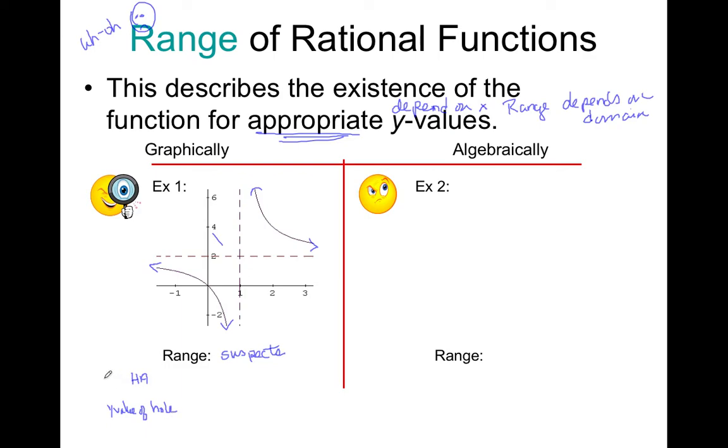Those are your suspects. Suspect 1, suspect 2. Because remember I told you horizontal asymptotes are so nice and kind. They're so nice and kind. Like a vertical asymptote, don't you dare touch. Don't you dare cross. A horizontal asymptote, go ahead. Touch or cross in the middle, just not at the ends.